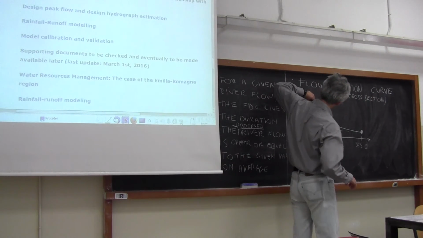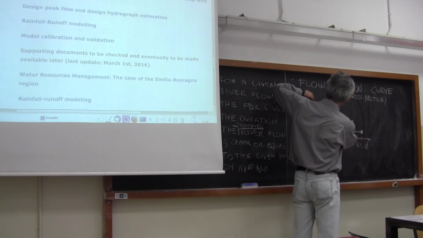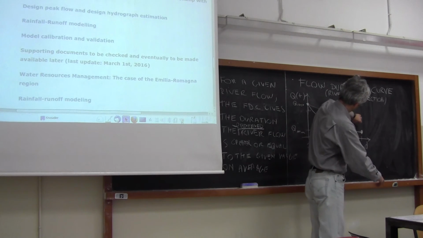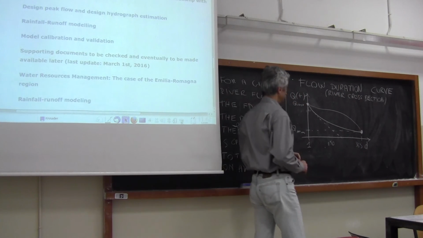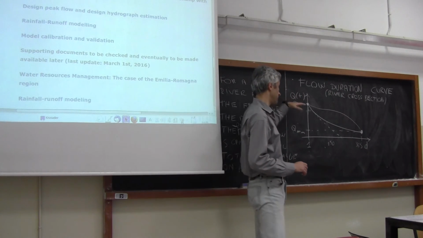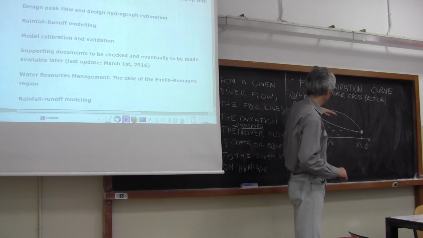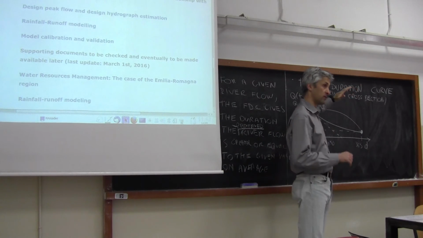And now let me depict two possible curves. And let me ask you a question. So let's suppose that one curve is this one, and the other curve is this one. Of course, this is a not increasing curve. You cannot have an increase in this curve.